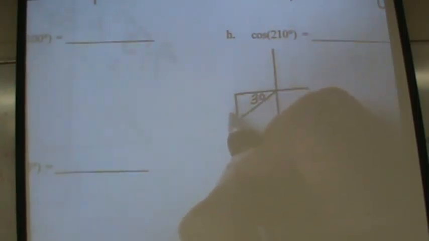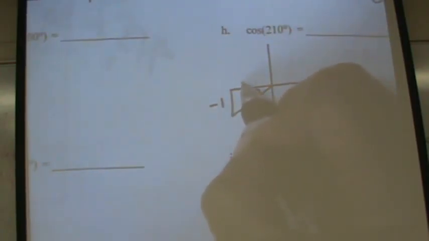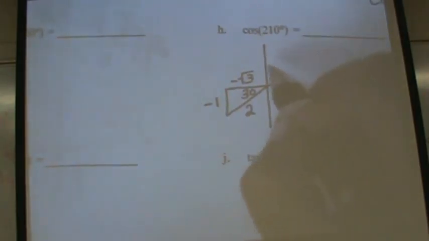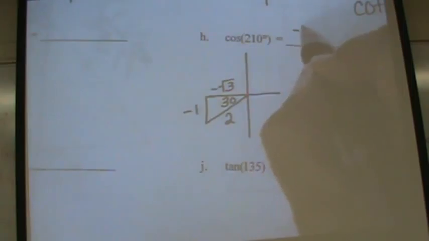What are you going to name this side right here? Negative 1. What's this side going to be? Negative root 3, and that'll be a 2. What's the definition of cosine? Adjacent over hypotenuse. So this answer would be negative root 3 over 2.